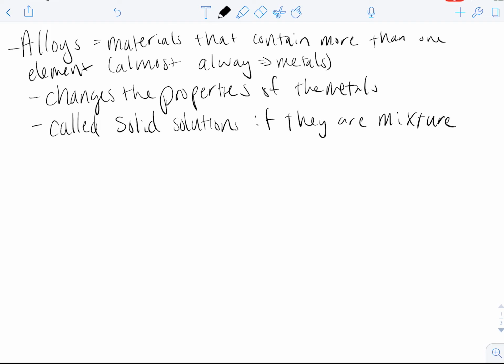But it is actually a compound, so not a solution. This is called a solid solution because we have a solid solute plus a solid solvent, making it a solid solution. The intermetallic compounds themselves are a little bit different. I'll talk about that in just a minute.